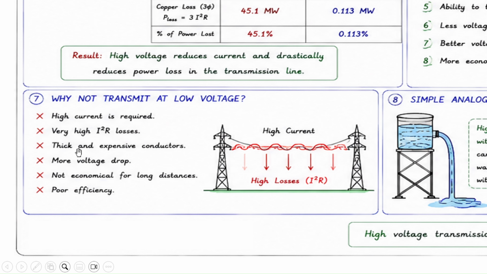For high current, eventually you will need bigger conductors, so that is more cost for the material plus the construction as well, and you'll also get a higher voltage drop. So it's a cascading effect, where one thing leads to the other. Eventually it's not economical for very long distances.